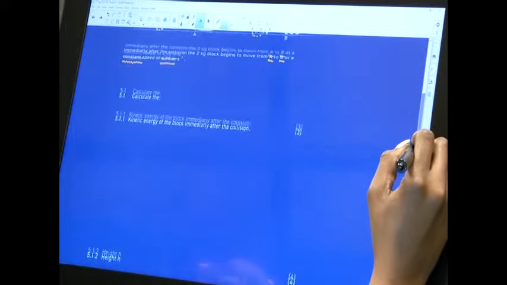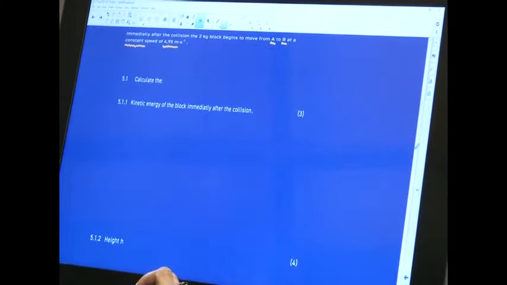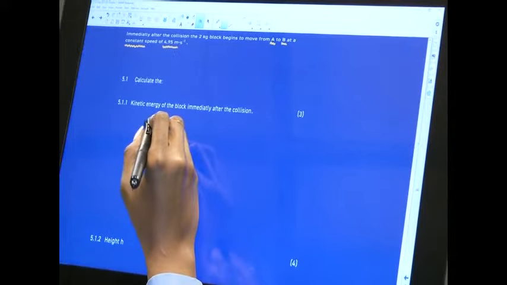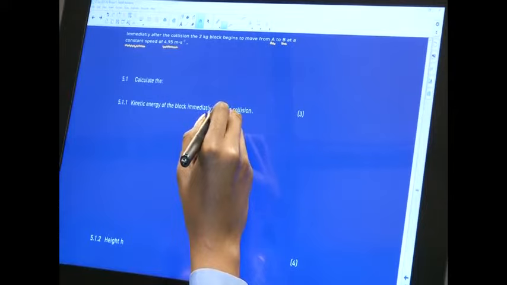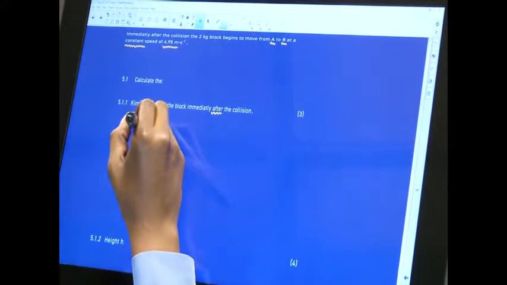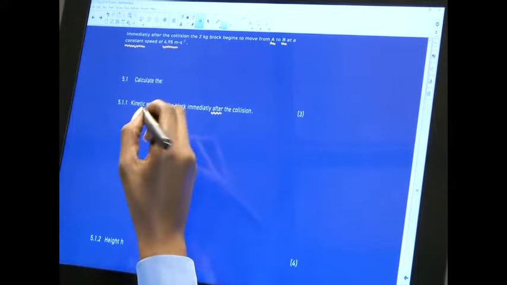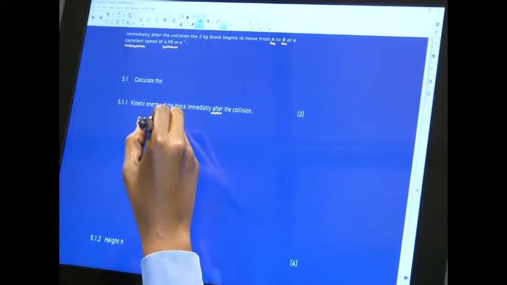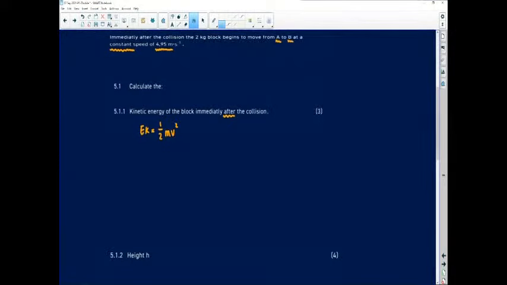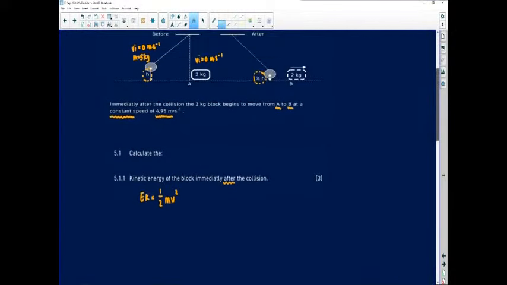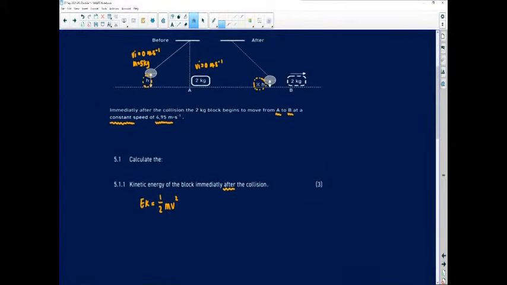So let's see, what do we have? So the first question says we must calculate the kinetic energy of the block immediately after the collision. So first things first, remember EK, you do get a mark for the formula, is a half mv squared. Now they did tell us that after the collision, what speed is it moving at?